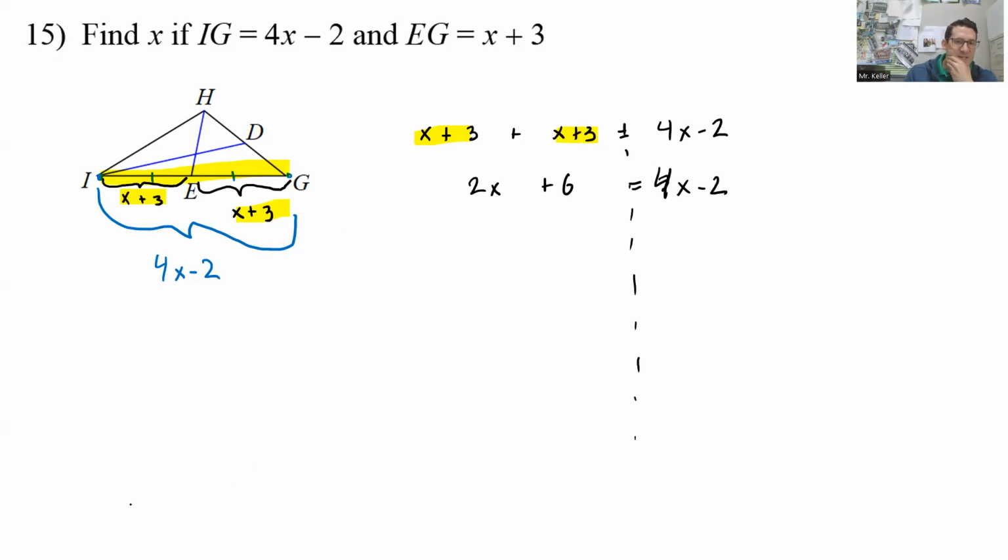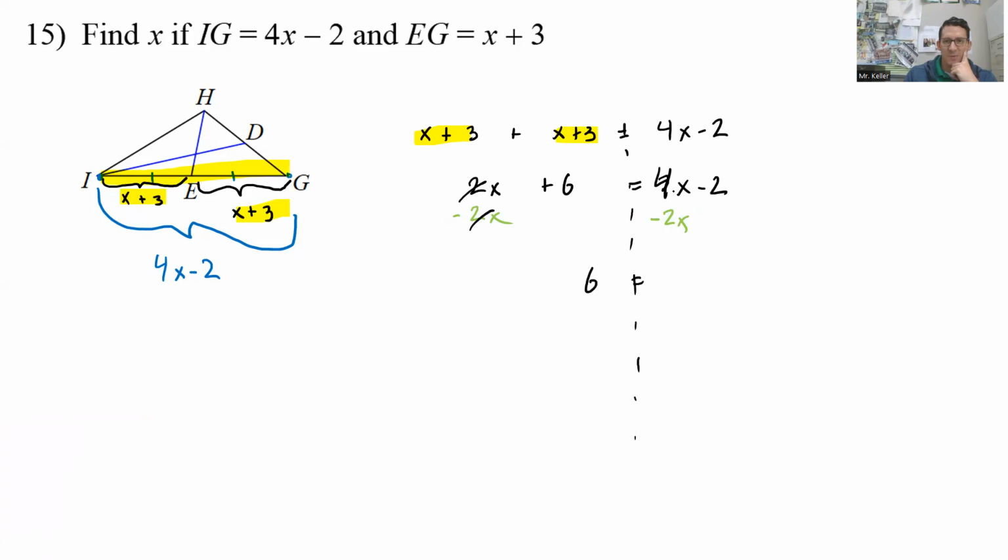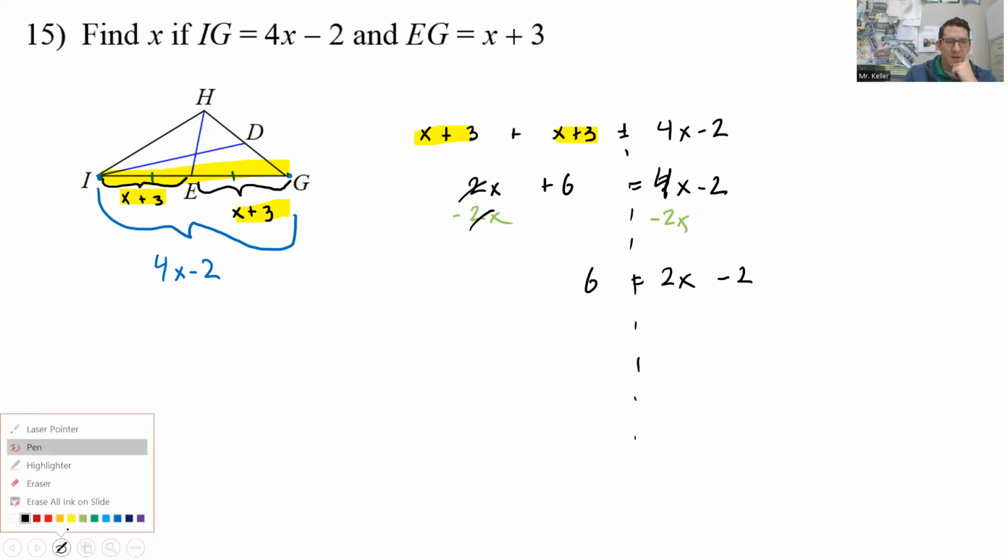I want the x's on the same side. So on this one, I'm going to subtract 2x, eliminate the 2x. I'll just keep the x's positive. So 2x minus 2x cancels out. So I get x is equal to 4x minus 2x is 2x minus 2. Then I'm going to add 2 to both sides.